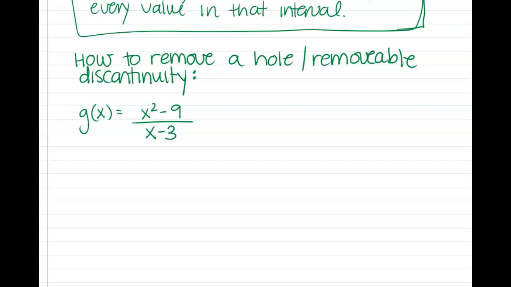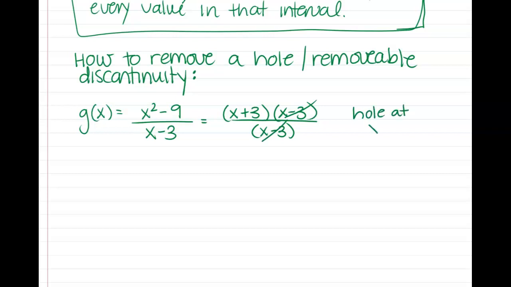So if we factor this, kind of checking for holes really is what we're doing here. X plus 3, x minus 3 over x minus 3. So these cancel out, so we have a hole at x equals 3.